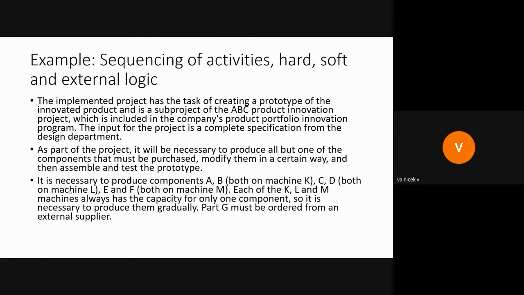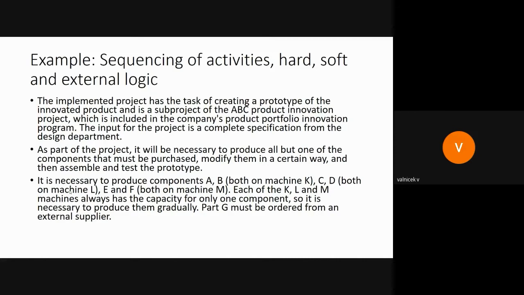As part of the project, it will be necessary to produce all but one of the components, which must be purchased, modify them in a certain way, and then assemble and test the prototype.